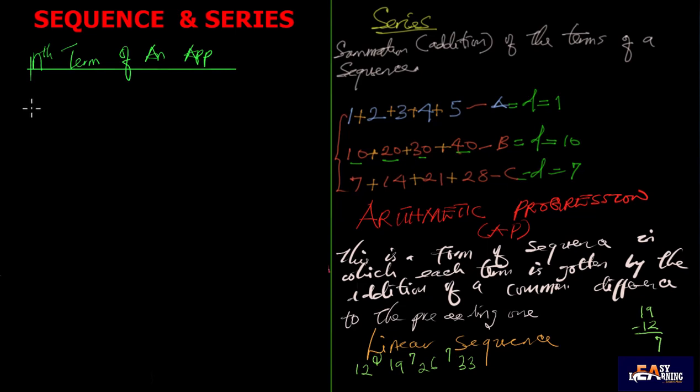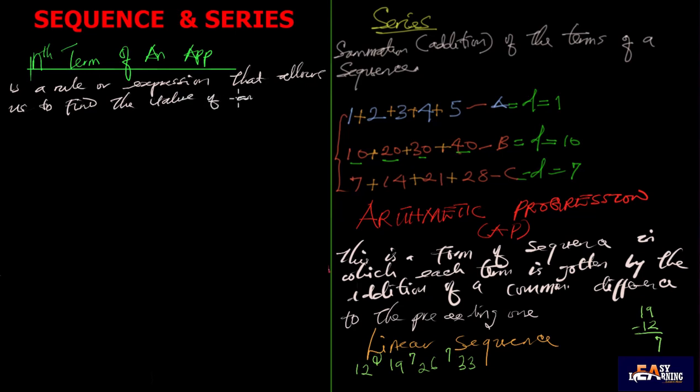When we are talking about the nth term of an AP, we are talking about a rule or expression that allows us to find the value of any term in an arithmetic progression.